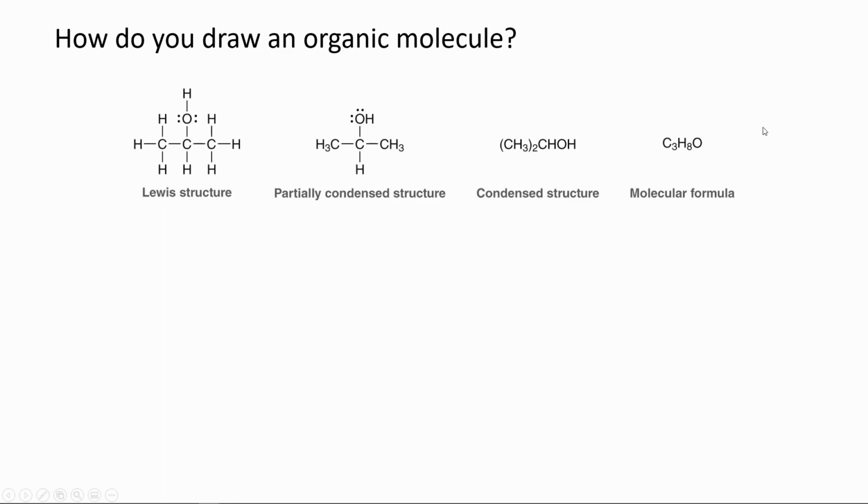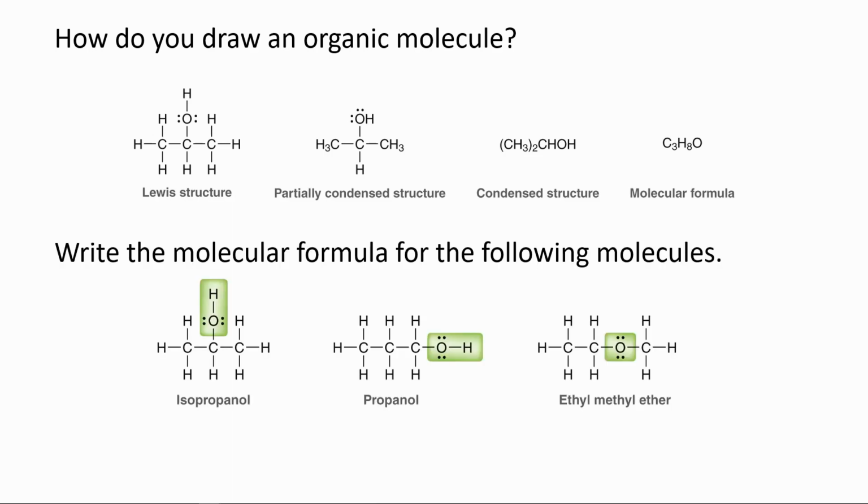The molecular formula only shows you the specific elements and the ratio of those elements that are involved. So I believe all four of these methods of drawing organic molecules have been displayed or taught in general chemistry. In organic chemistry, we're going to add one additional method for drawing out molecules.